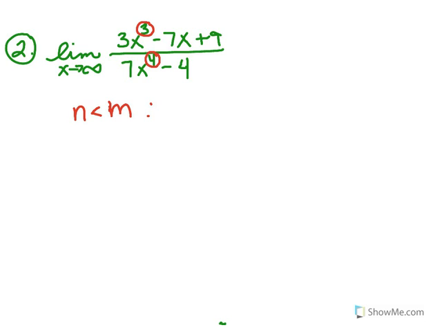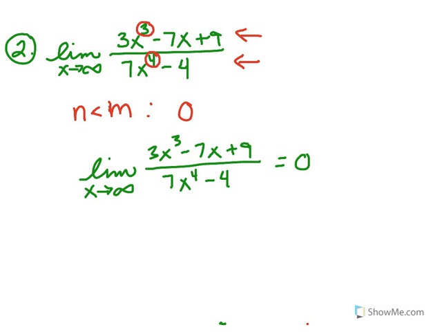So the rule here is that no matter what happens, this numerator will never be as big as this denominator because the exponent is bigger. So the limit here will always approach 0. And of course, in formal notation, your answer will look like this.